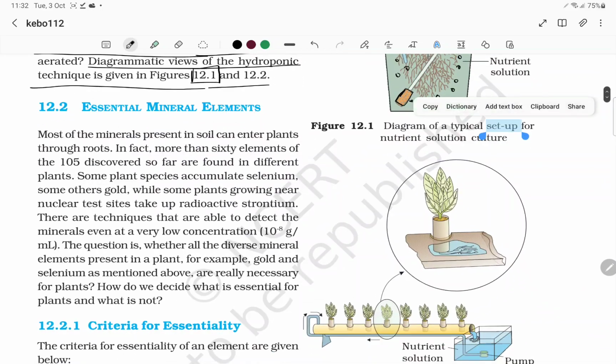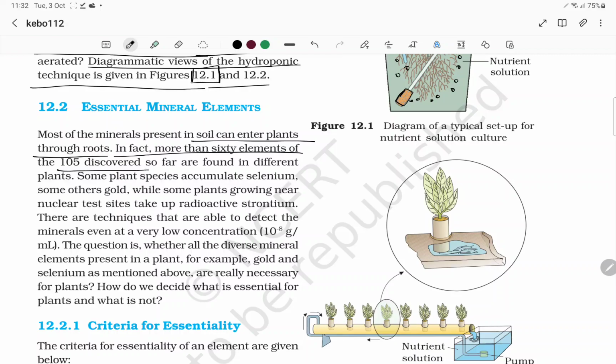And next, see the essential mineral elements. Most of the minerals present in the soil can enter plants through roots, because roots are very essential. In fact, more than 60 of the 105 elements discovered so far are found in different plants.